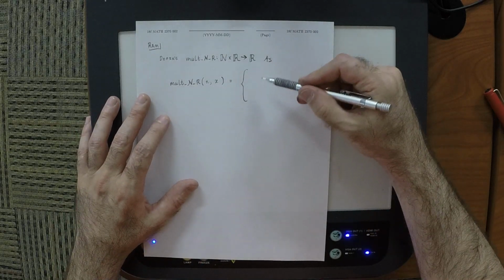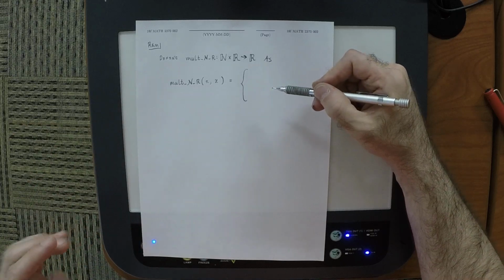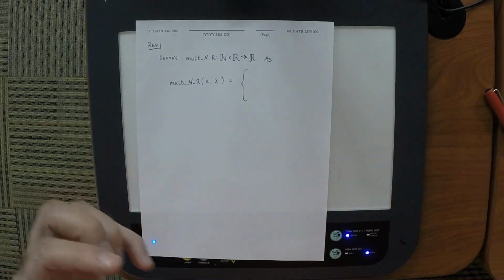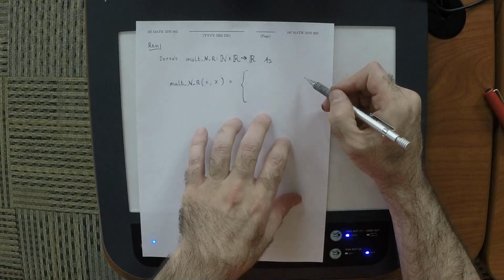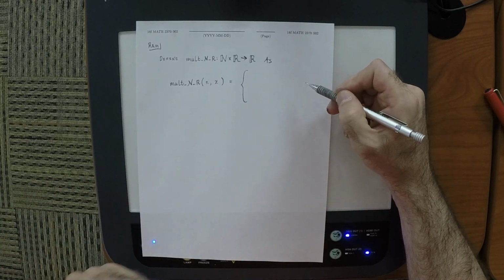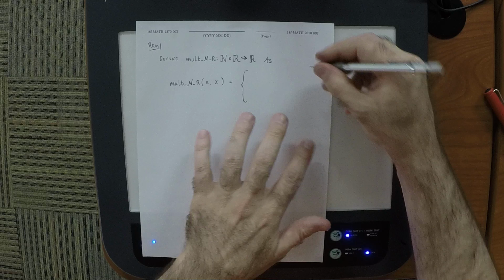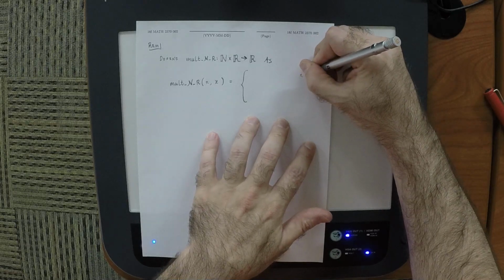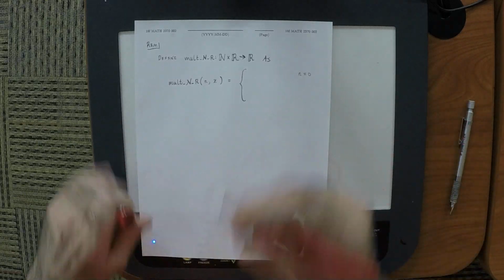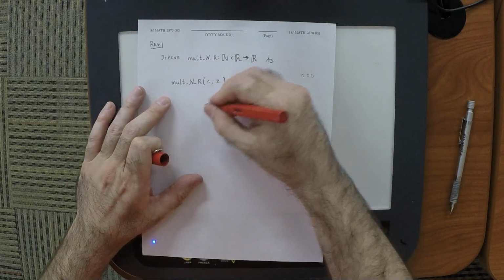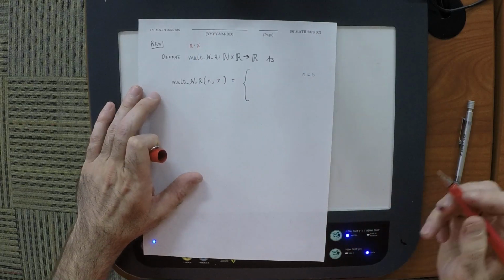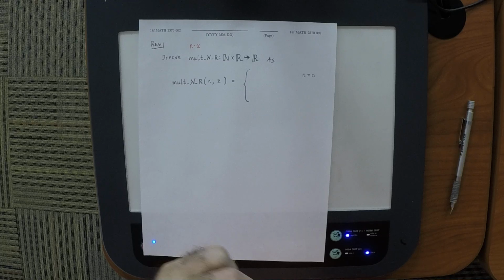The way to define this function is with two clauses, and the first clause tells you what to do with the least natural. So what's the least natural? 0. So in the case that n is 0, remember what we're doing: we're defining n multiplied by x without using multiplication.